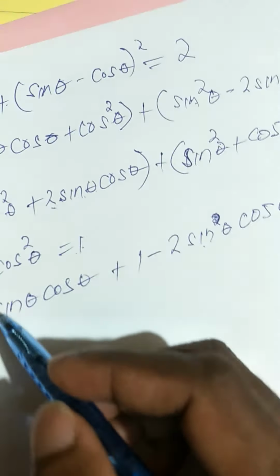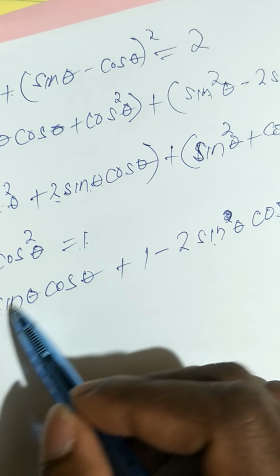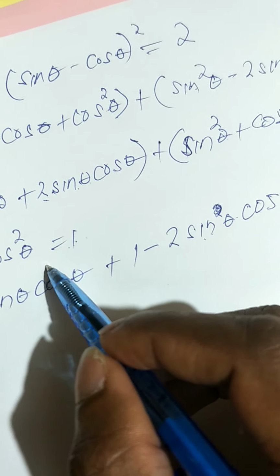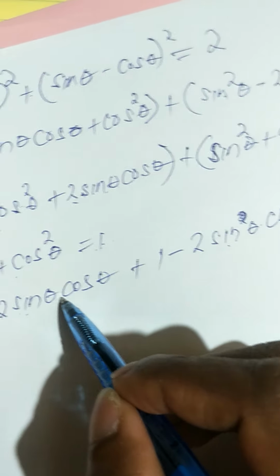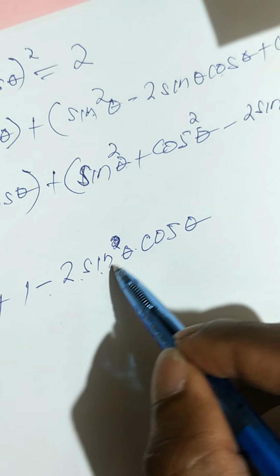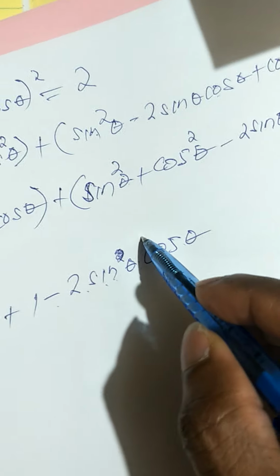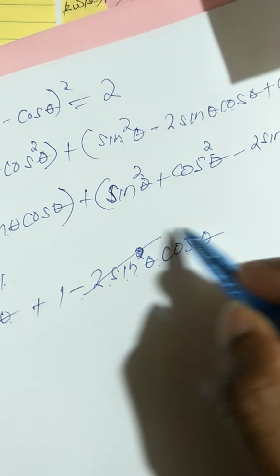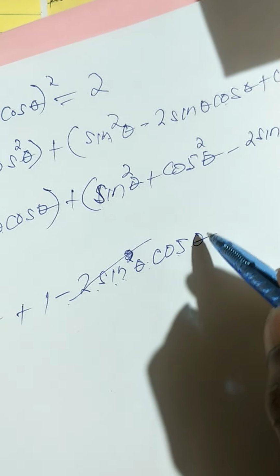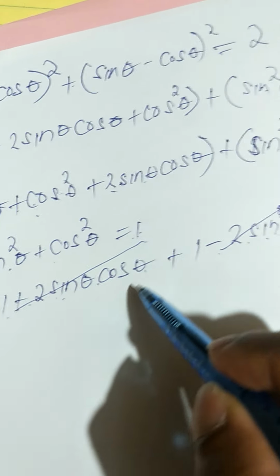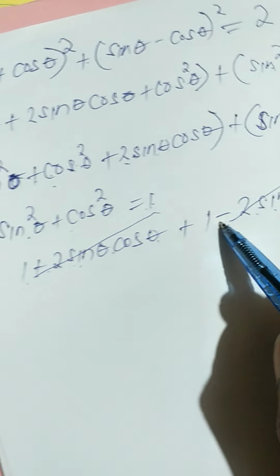Then I cancel now, you see? This is the difference. 1 plus 2 sin theta cosine theta minus 2 sin theta cosine theta. So now I'm going to cancel the whole thing here. So I remain with 1 and 1.